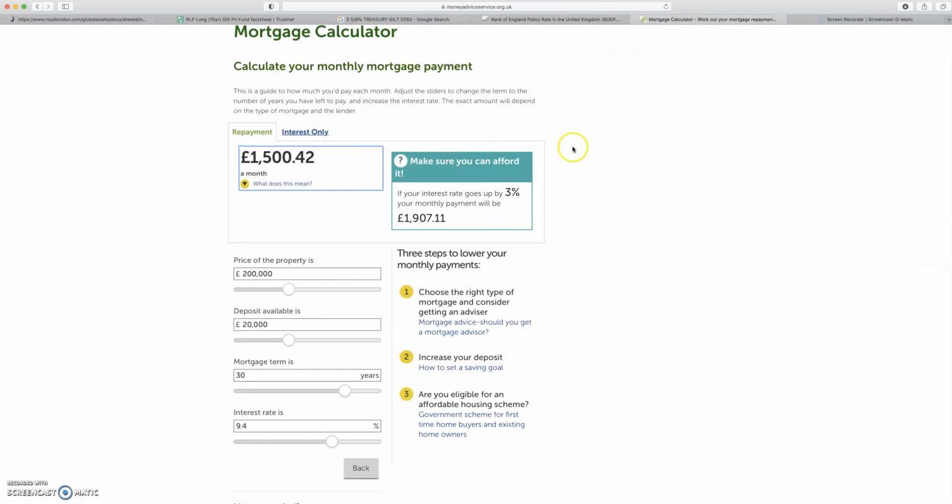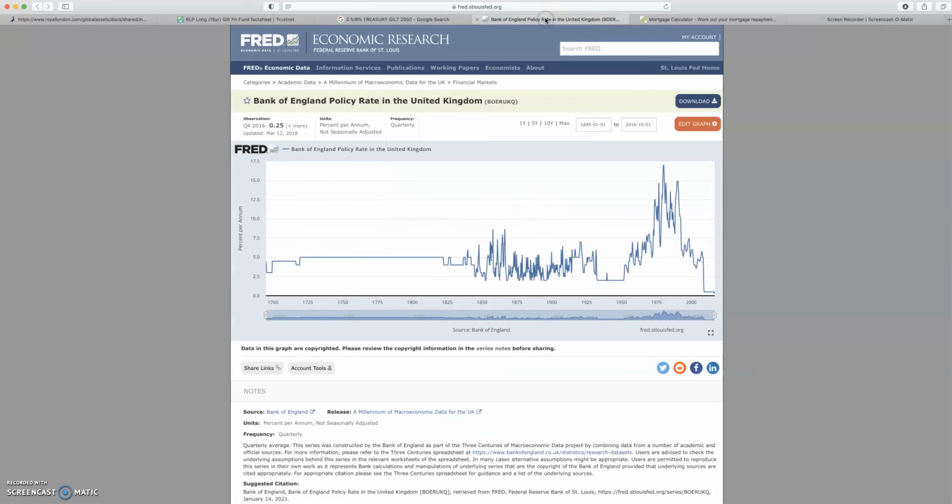And if it moved as high as 6% to its historic average, you're looking at a wildly different, much higher monthly mortgage repayment on the same house with the same deposit over the same period of time. So yeah, challenging information, all right. Not the nicest stuff in the world to see, but definitely something that people should be considering more.